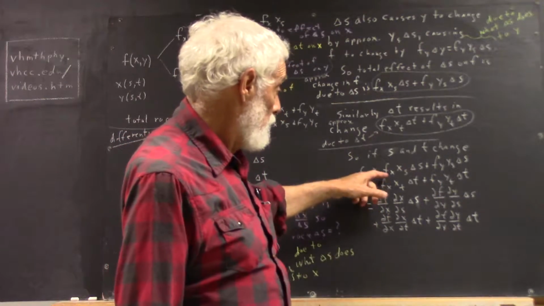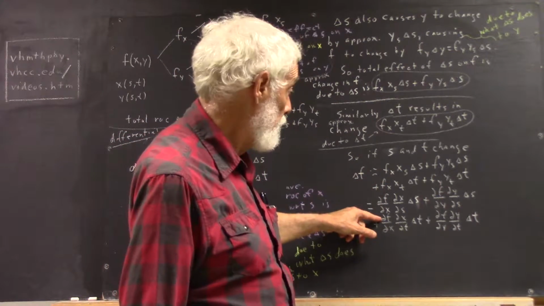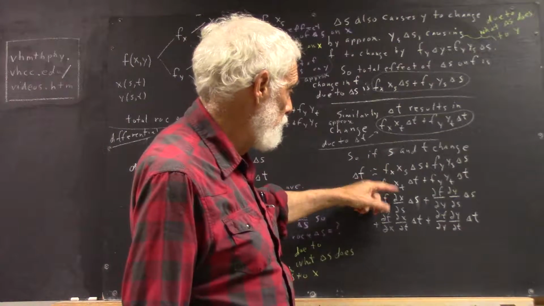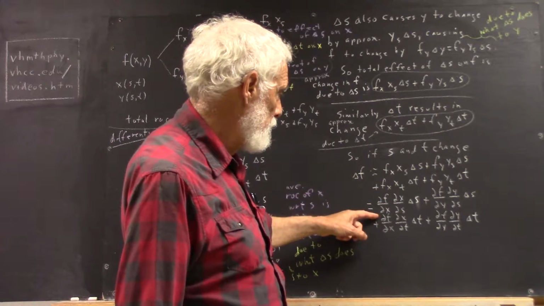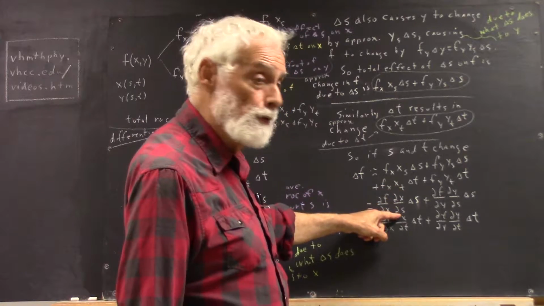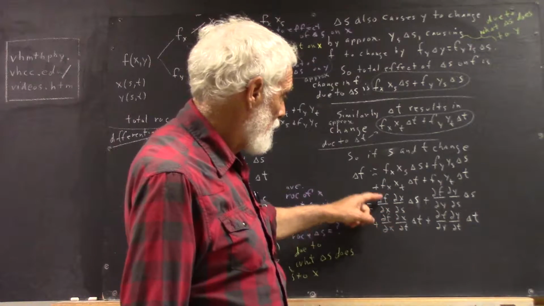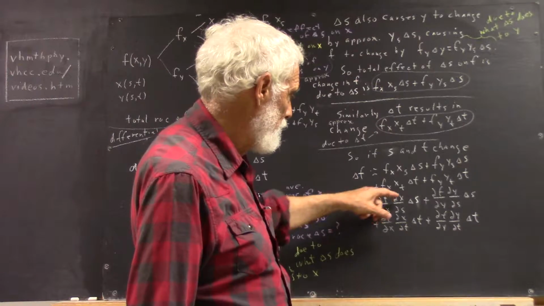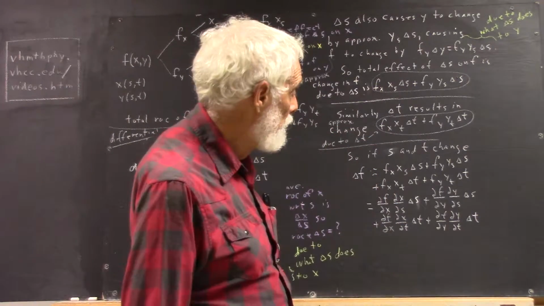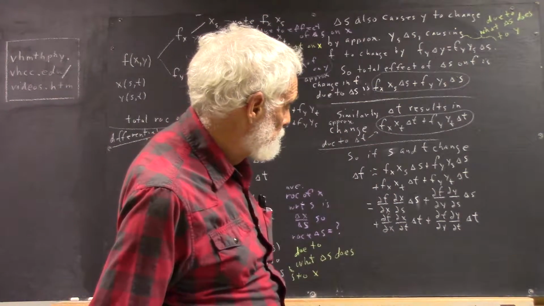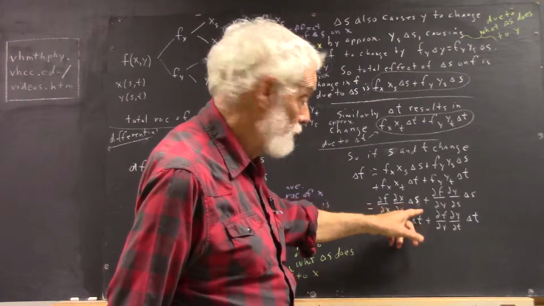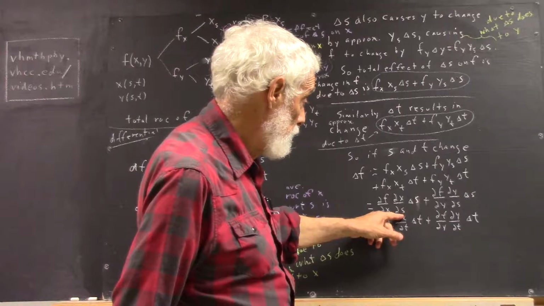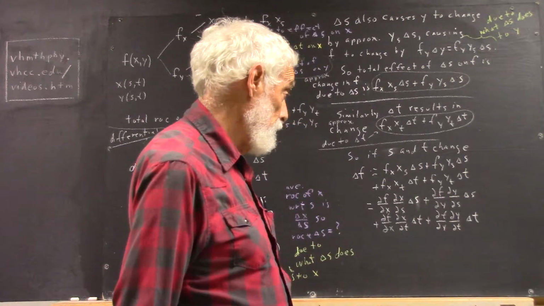But Fx is partial of F with respect to X. Xs is partial of X with respect to S. So we have partial of F with respect to X times partial of X with respect to S. And that kind of looks right because it looks like the partial X cancels. And then that's multiplied by delta S, since it's the delta S that causes this change in X.